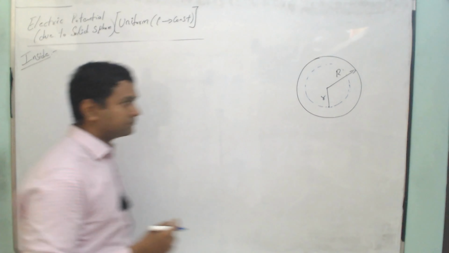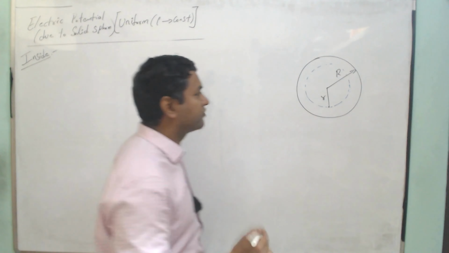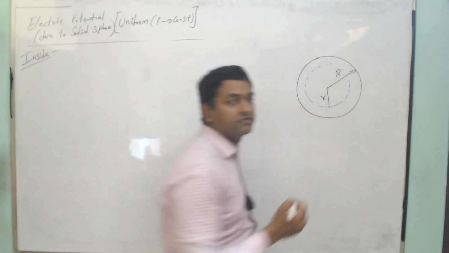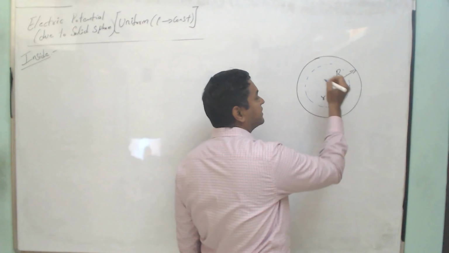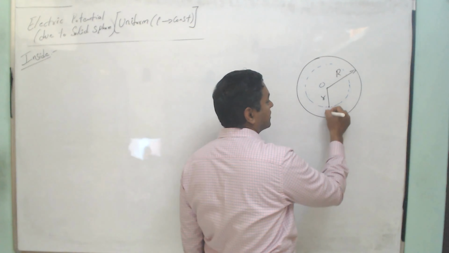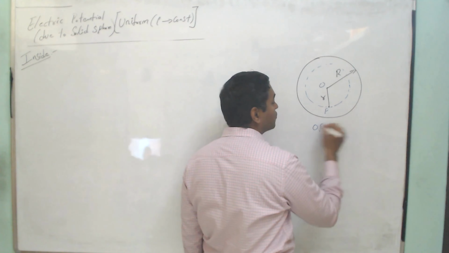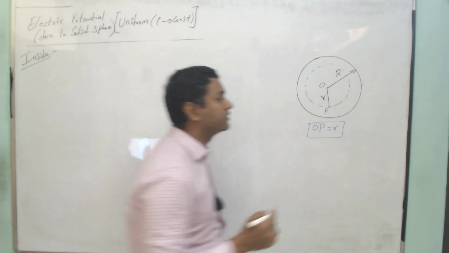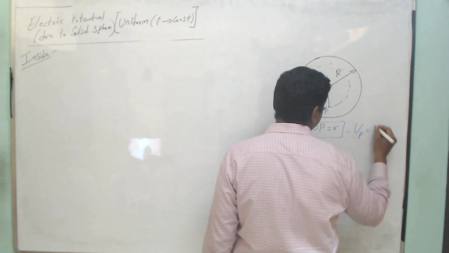I want to find the electric potential at this point, which is at a distance of small r from the center. So let's say center is O and this point is some P. All we are saying is that the distance OP is small r, and we are trying to find the electric potential at this point P.